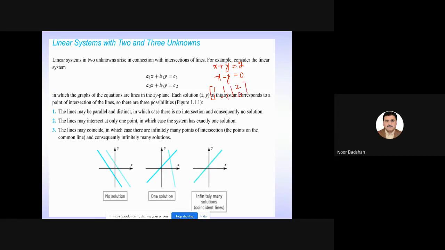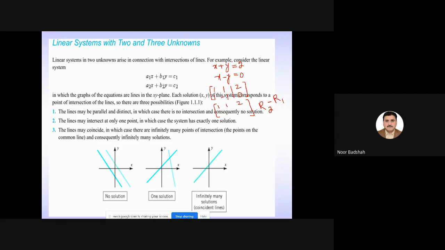We convert that into echelon form. I hope everybody knows what echelon form is. Going for the operation, subtracting row number 1 from row number 2, R2 minus R1.